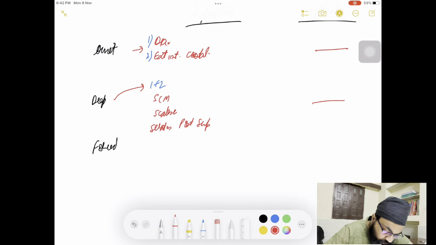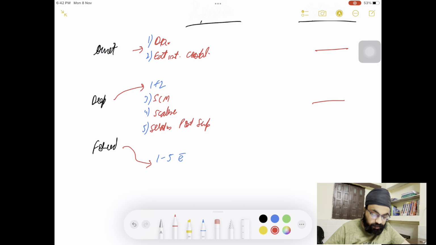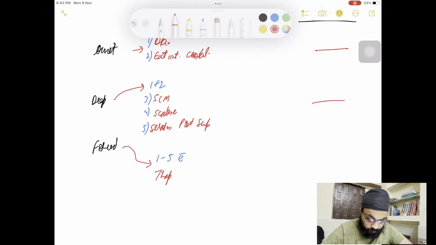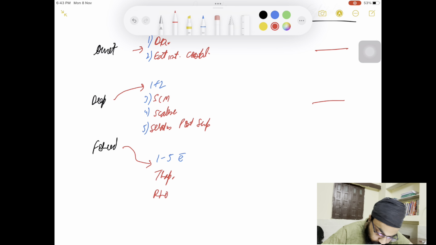Now, the muscles involved in forced inspiration are all these muscles, 1 to 5 of the following. Over here we need to firstly fix the scapula. What will fix the scapula is your traps, rhomboids, both the rhomboids, major and minor, and the third one is levator scapulae.